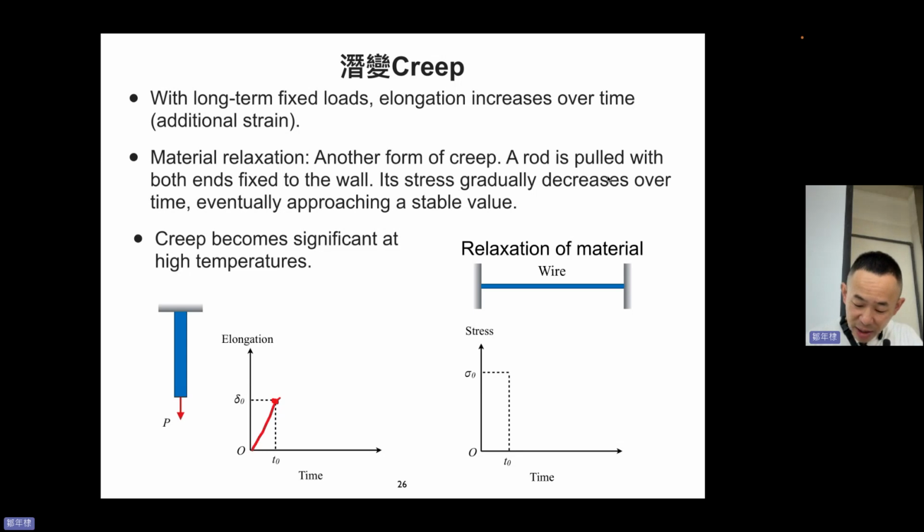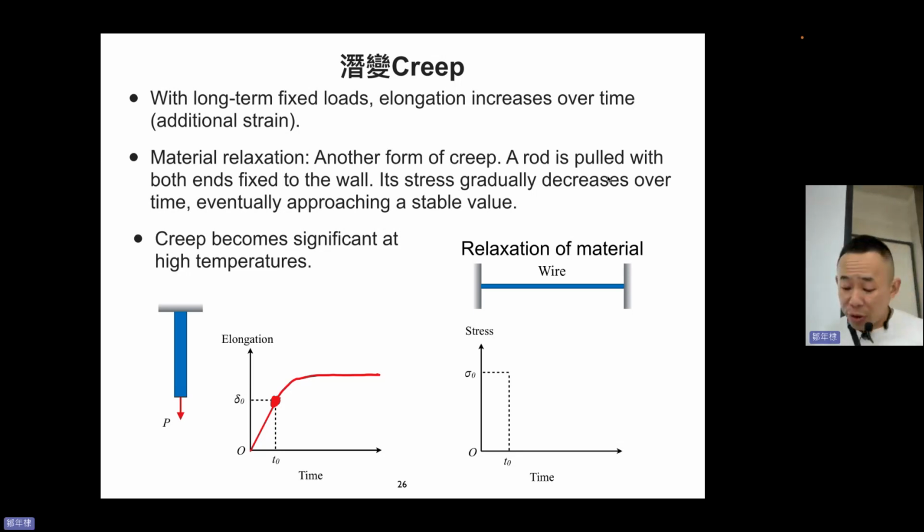So on the first day of the bar hanging on the ceiling, it reached this point. And then after 1 year, 2 years, 3 years, 10 years, it starts getting longer and longer, and eventually saturates. This is one form of creep.